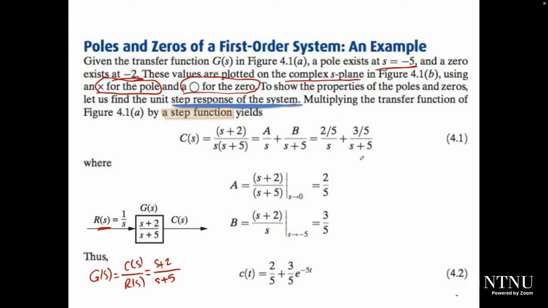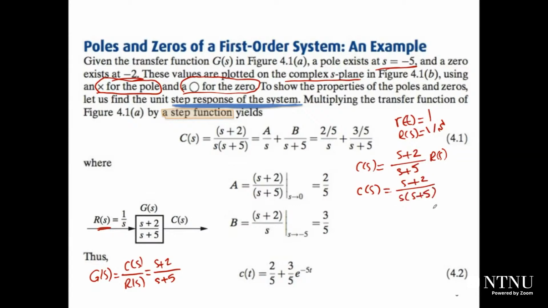C of S equals my transfer function, S plus 2 divided by S plus 5, multiplied by R of S. For a step input, R of t equals 1, so R of S will be 1 divided by S. So C of S will be S plus 2 divided by S multiplied by S plus 5. Use partial fraction expansion.